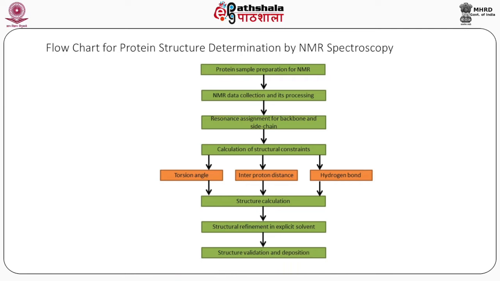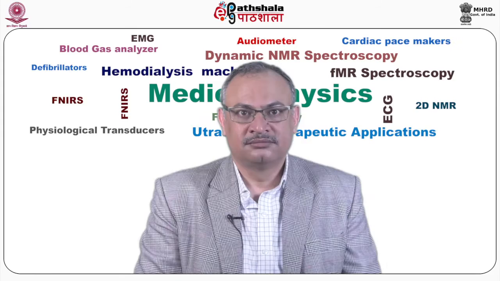We have torsional angle, interproton distances and hydrogen bonds. These are all put in for structural calculation and structural refinement in explicit solvent by using computational methods. And then we have structural validation, and finally the structure is deposited in protein data bank.